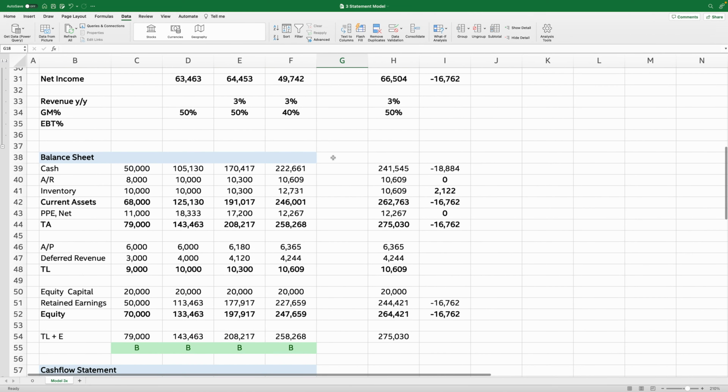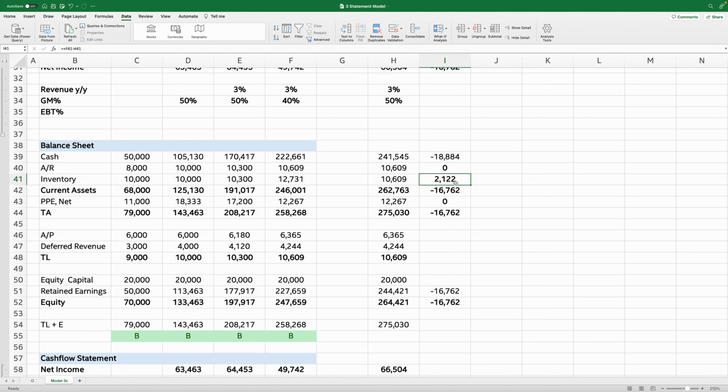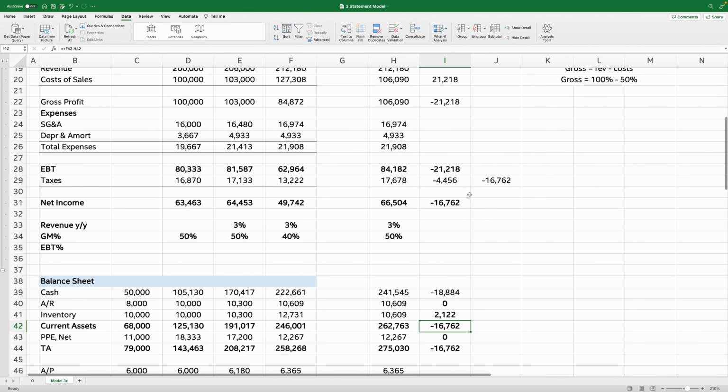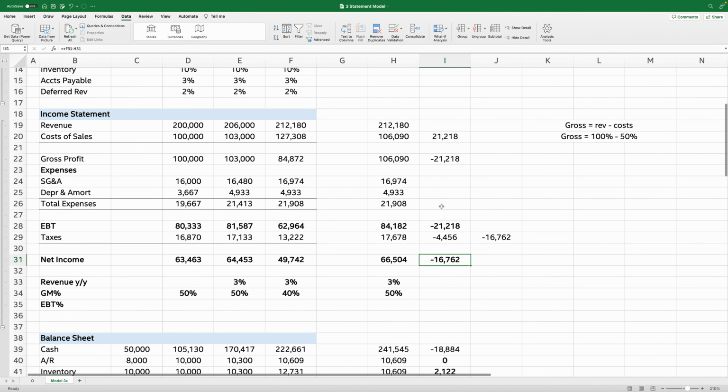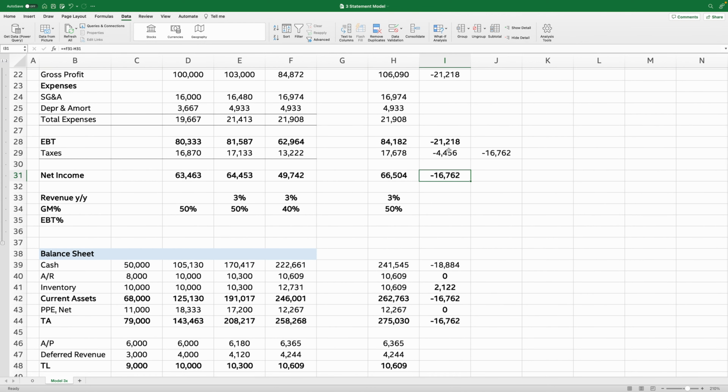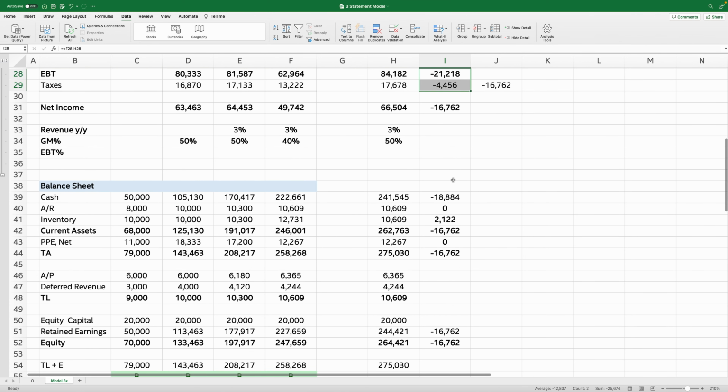So our assets went up slightly by 2,122. And our current assets went down by a net of 16,762, which is the same as our net income change, 16,762, which is the net of EBT and how much we pay out in taxes.